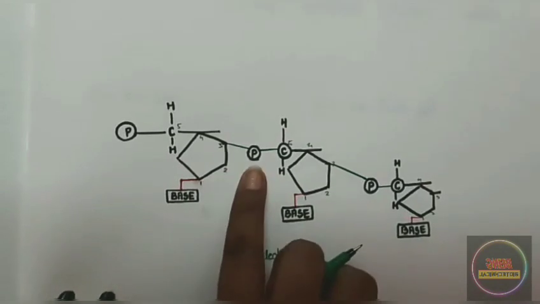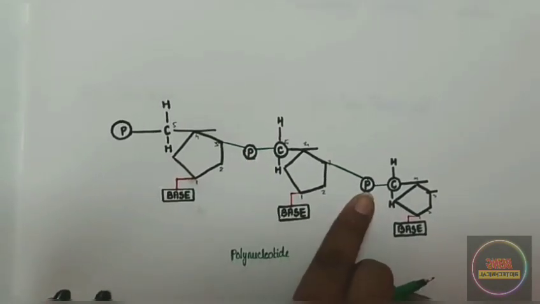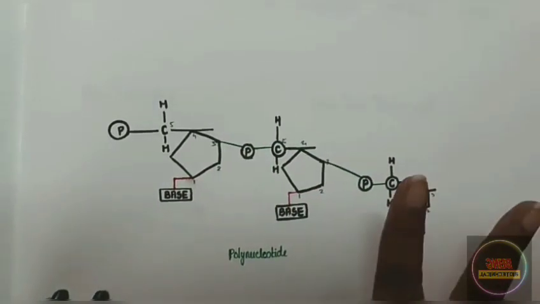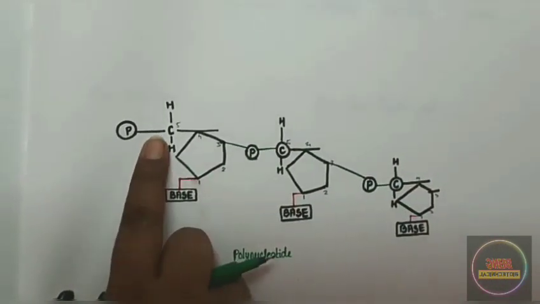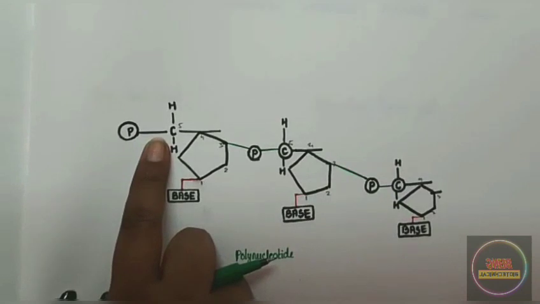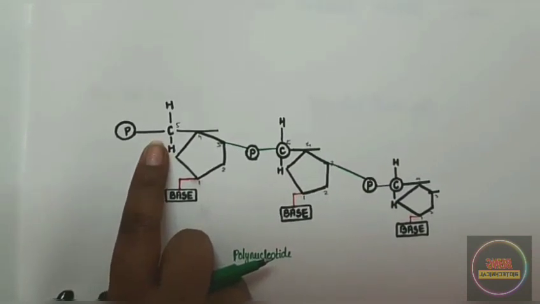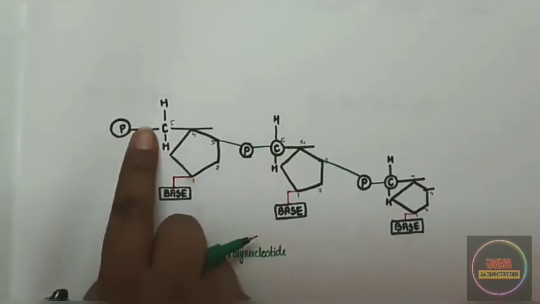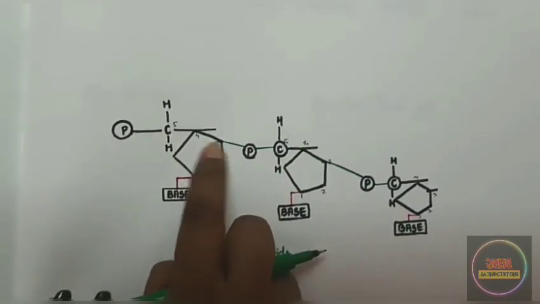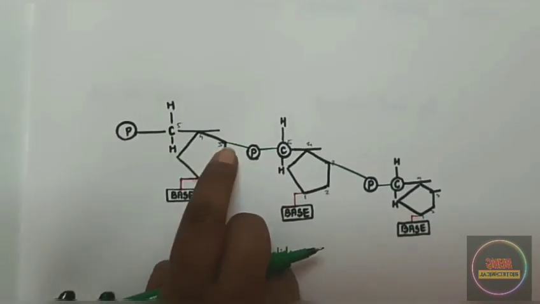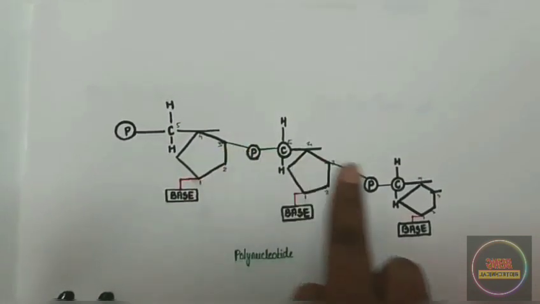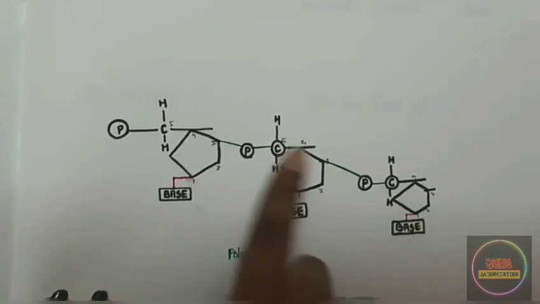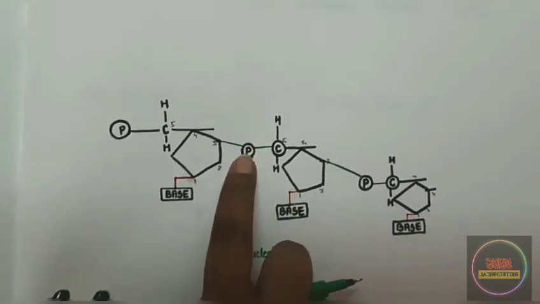You will now see that phosphate is linked to all the nucleotides at 2 positions. One is 5' and another is 3'. On both sides, the phosphate is linked with the help of a phosphodiester bond.